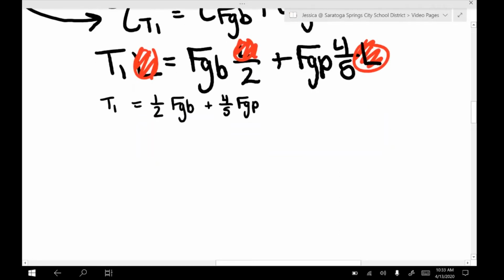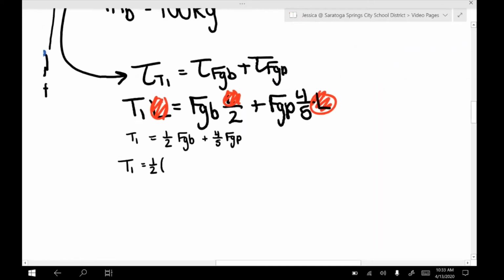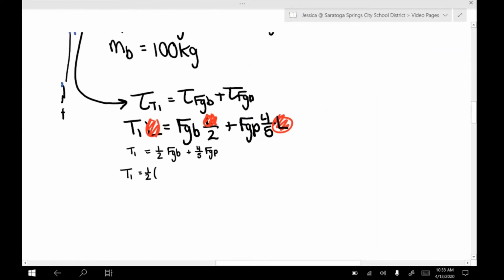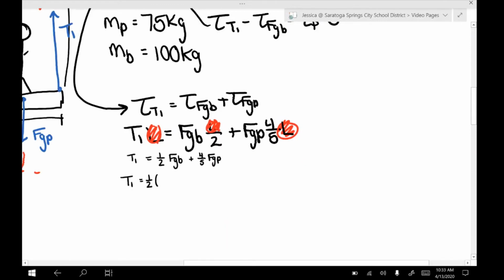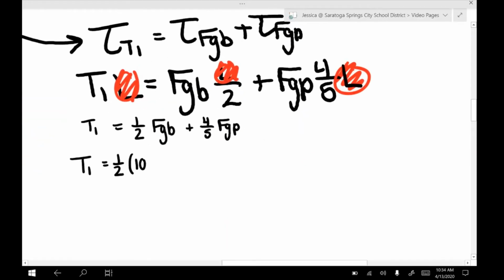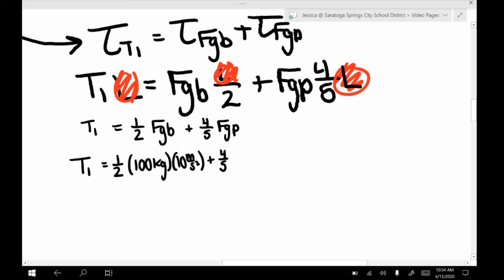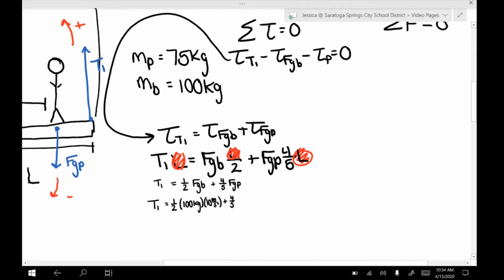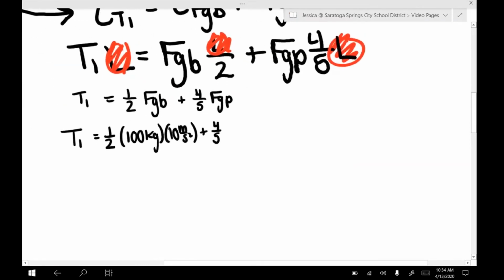Okay, so T1 is 1/2. The mass of the board was 100 kilograms. I have it written right here. Okay. So 100 kilograms times G, which is 10. And then plus 4/5. The mass of the person was 75 kilograms.